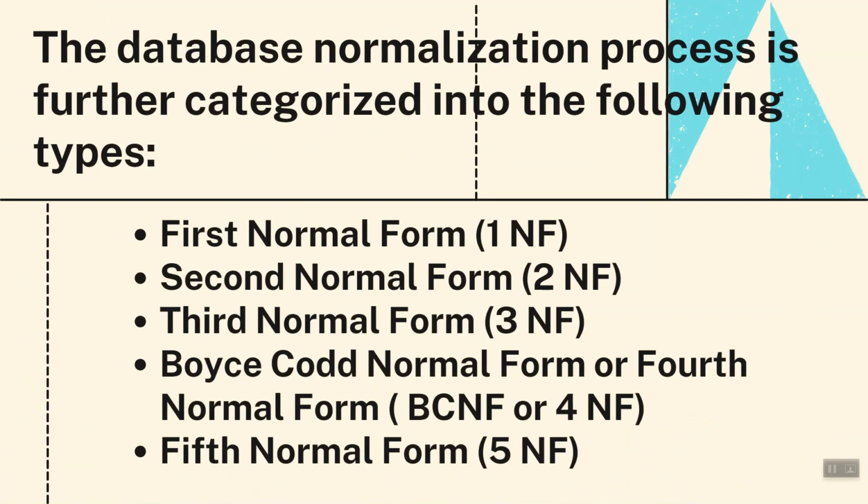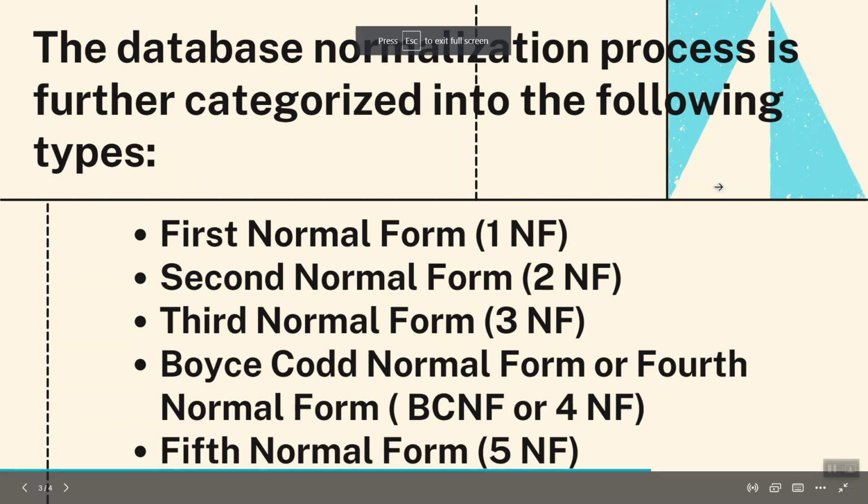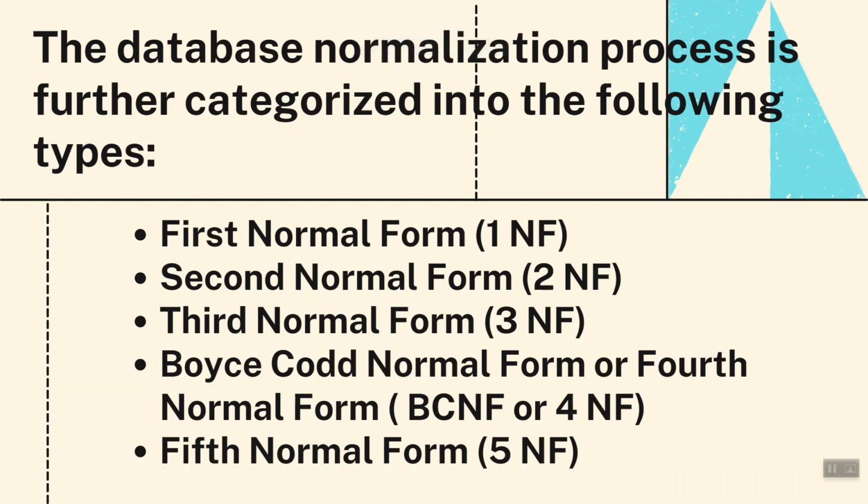The database normalization process is further categorized into a few types. They are first normal form, second normal form, third normal form, fourth normal form, and fifth normal form. Let's see what the conditions of these normal forms are.